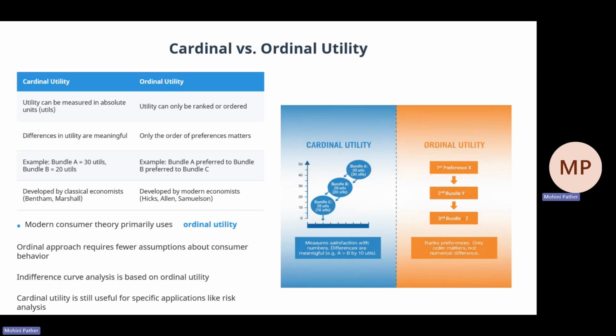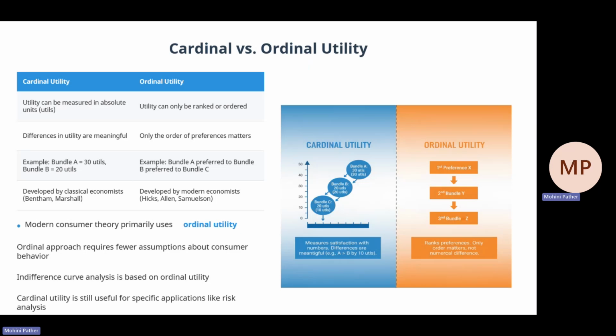So bundle A gives you 30 utils. Bundle B will give you 20 utils. Okay. However, with ordinal utility, it's very much only the order of the preference that matters, not the amount of satisfaction you derive from it. So you prefer bundle A to bundle B, but you prefer bundle C above both of those.